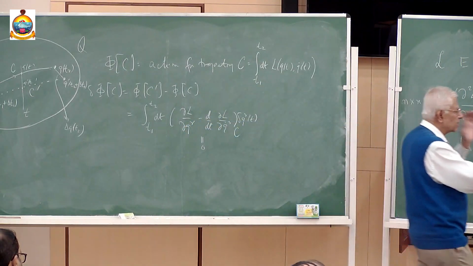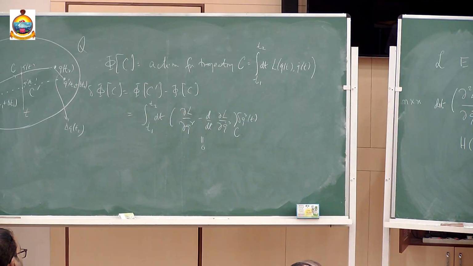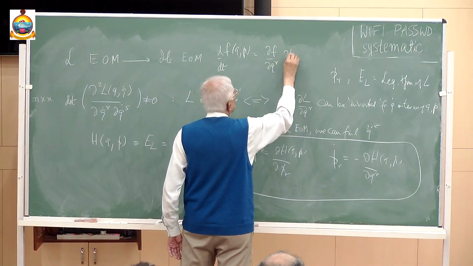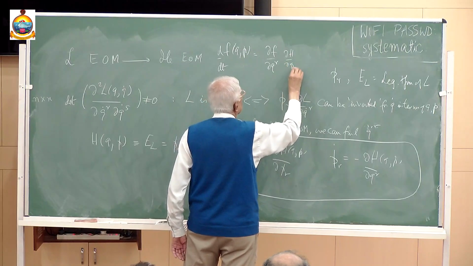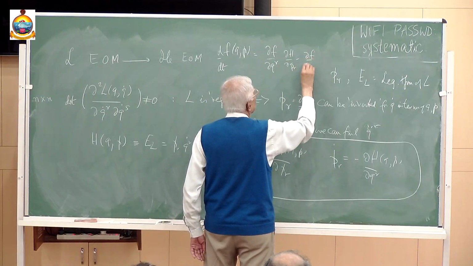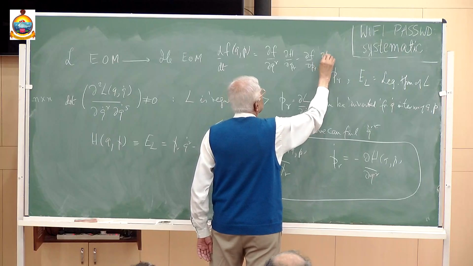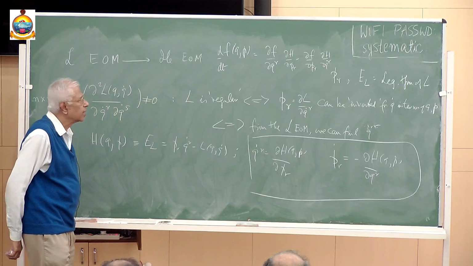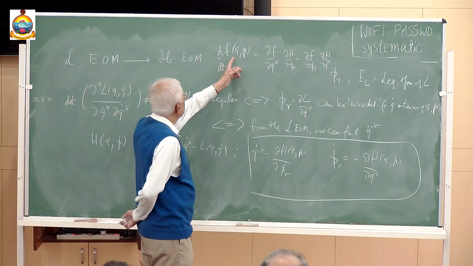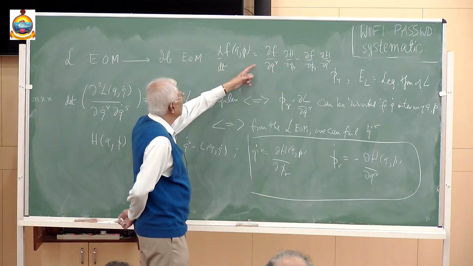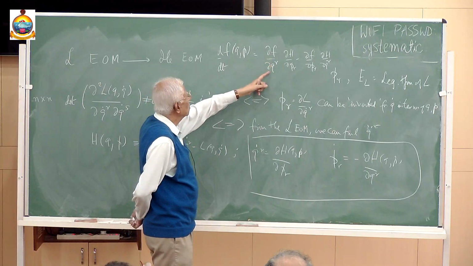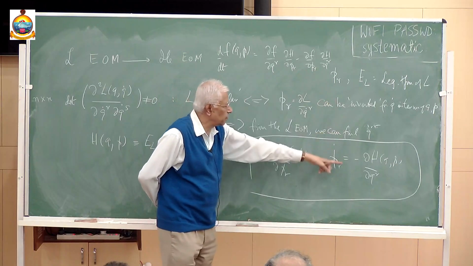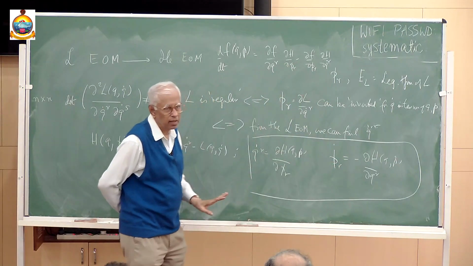In the Hamiltonian form, it is much more explicit, and you can see as I write, this comes out very easily. Why? The total time derivative of any function of q's and p's is partial with respect to q times q dot plus partial with respect to p times p dot, and there is this minus sign.